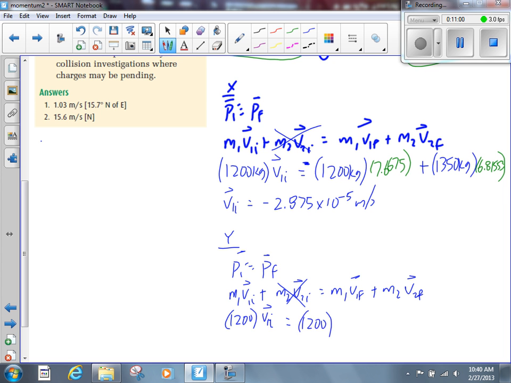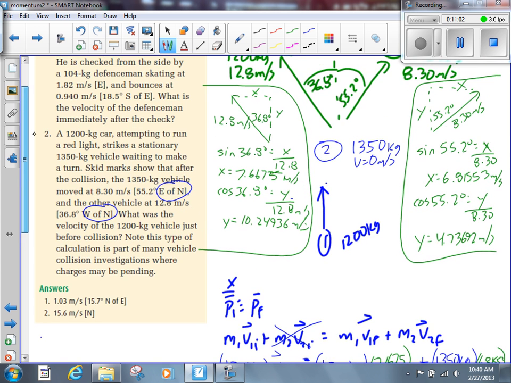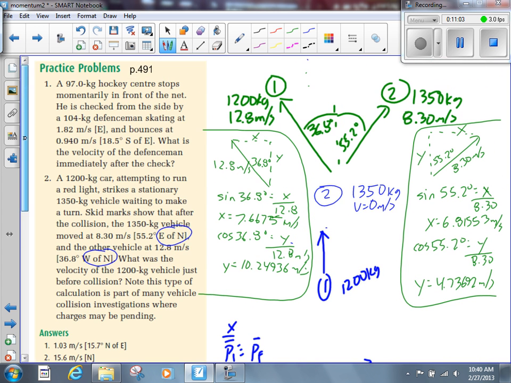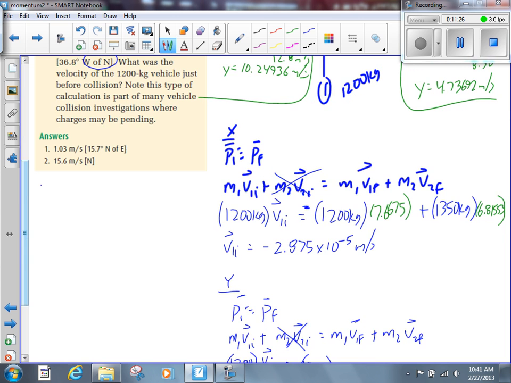Tell me what v1f is. Let's look at the diagram up here, our little asides that are boxed off there. Shane, what's v1f for the y component? Cole? What's v1f? 10.24936 meters per second. Good.